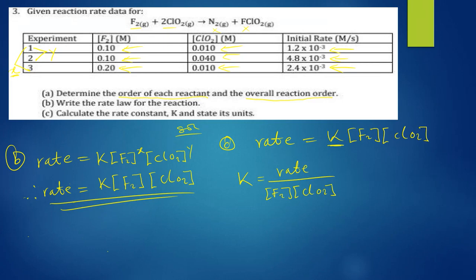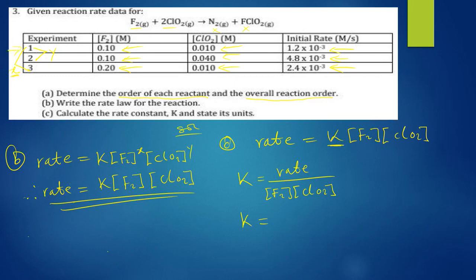Then once you are having this, you can do this now. So k is equal to, what's your rate? You can get it from these 3 experiments. You can get this data from experiment 1, where you're going to get your concentration to be 0.1, or you can get this information from experiment 2 or 3, but for me I'm going to use experiment 1.